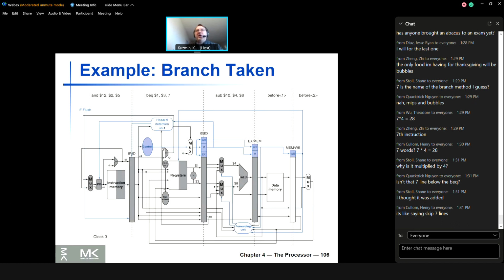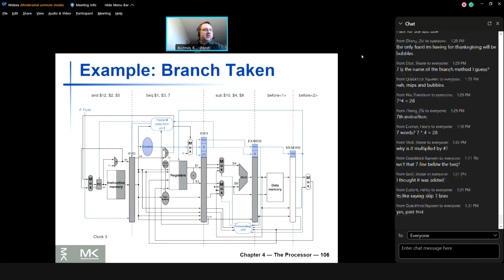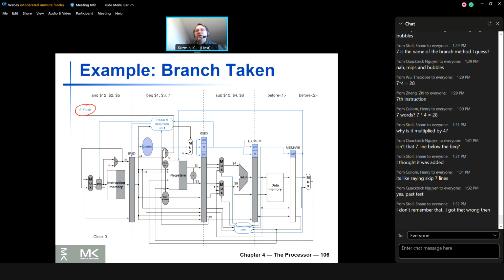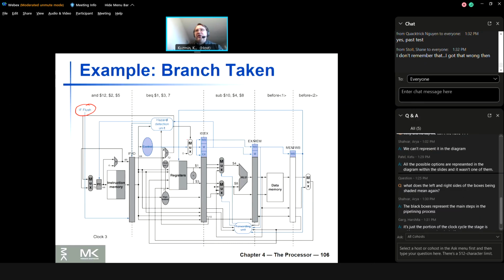All right, and here's our example when the branch is taken. This is the single cycle diagram. The thing that is added is this IF flush. This is to flush our IF/ID register, because remember, our hazard detection unit was not touching the IF/ID register, and that's pretty much the only new thing here.